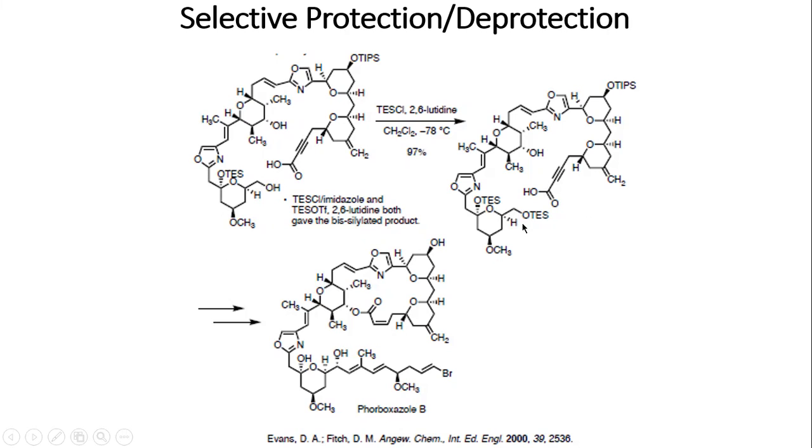And eventually, you can see that the molecule is cyclized. This is forboxazole B, and this was done by David Evans in 2000. You can see that the molecule was eventually cyclized here, between here and where the carboxylic acid is, at that OH.